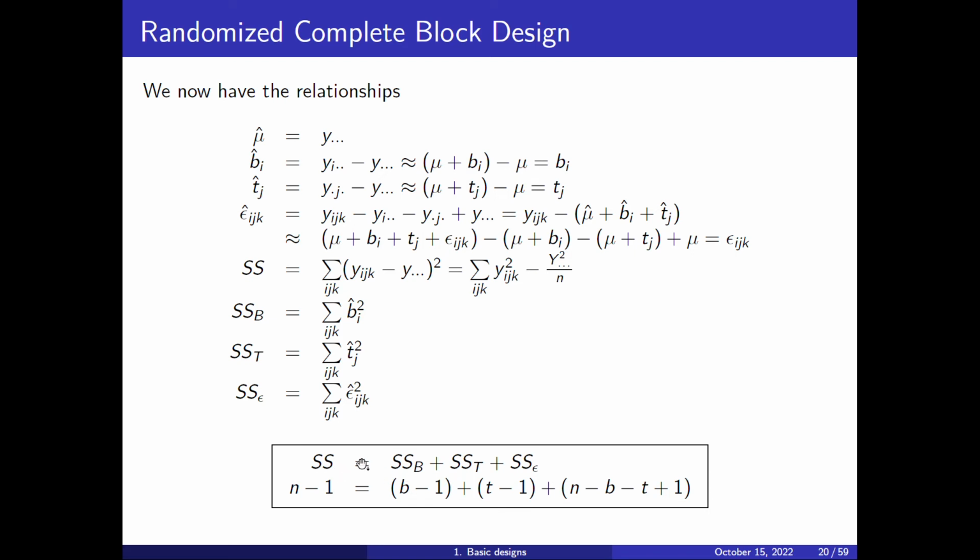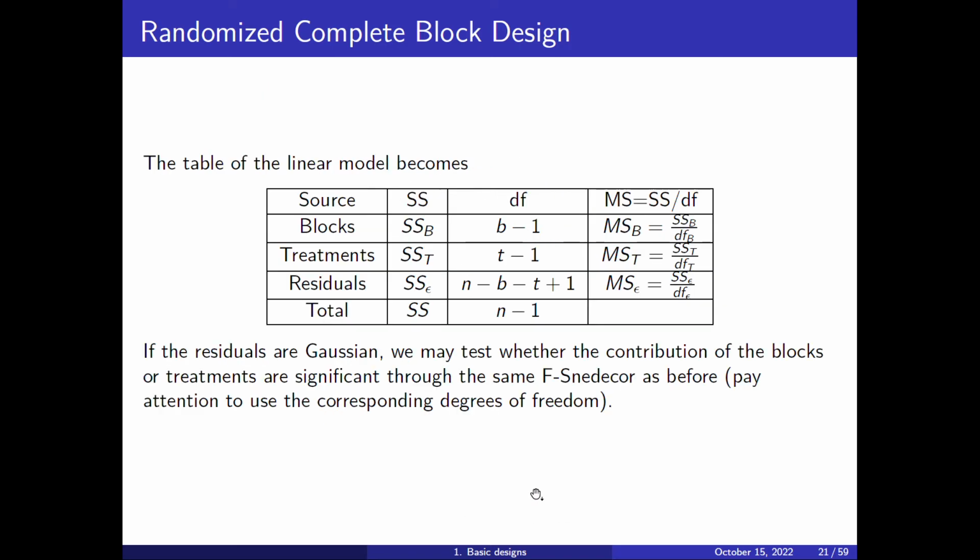The overall sum of squares is partly explained by the blocks, partly by the treatments, and partly by residuals, and the same for the degrees of freedom. You organize them again in the table, and when you compare, you always have to compare the treatments to the residuals. So the variability explained by the blocks will be taken out from this comparison.